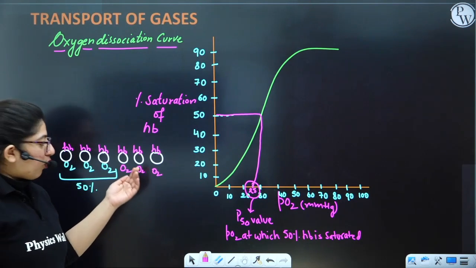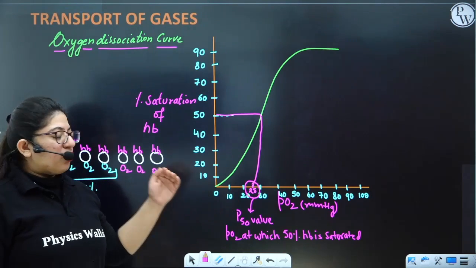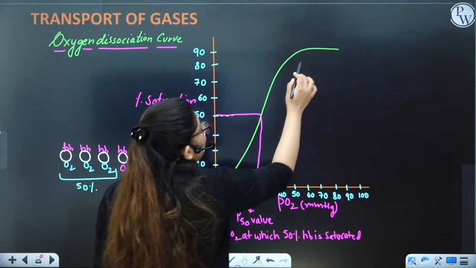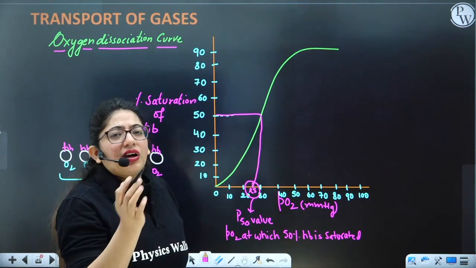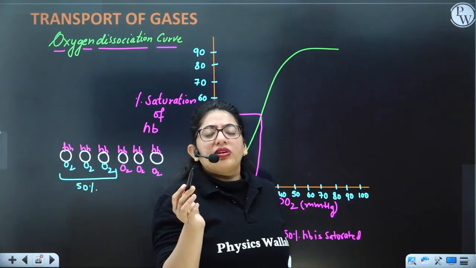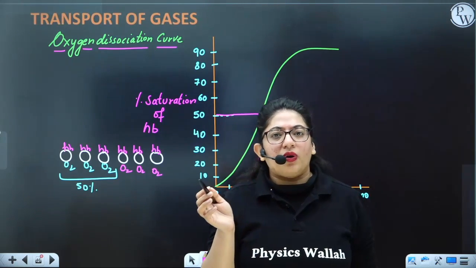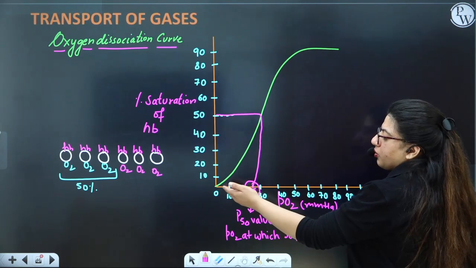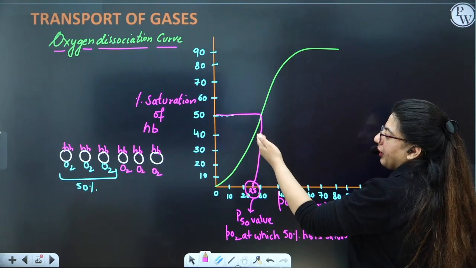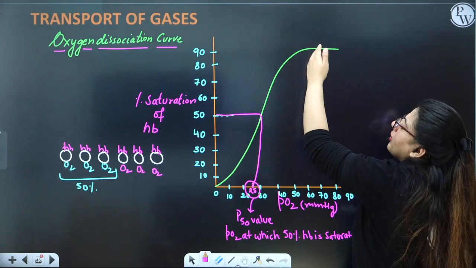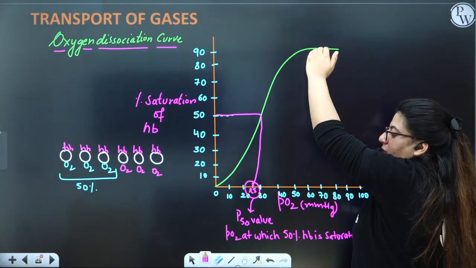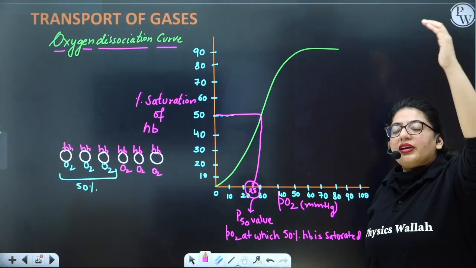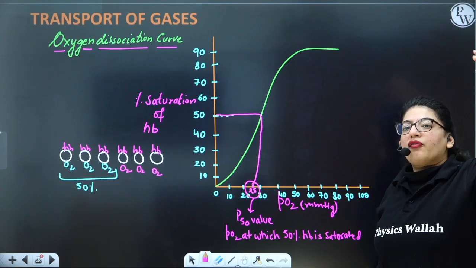Now the time will come that even if you increase the partial pressure of oxygen, this graph will go stationary, just like we did in biomolecules with the graph of Vmax and substrate concentration. So when you increase the partial pressure of oxygen, the saturation of hemoglobin with oxygen will increase. But when the entire hemoglobin is filled, or 100% saturation takes place, the graph stays flat, right? Why? Because there is no more hemoglobin left for the oxygen.